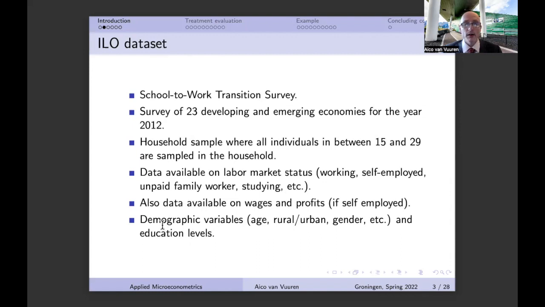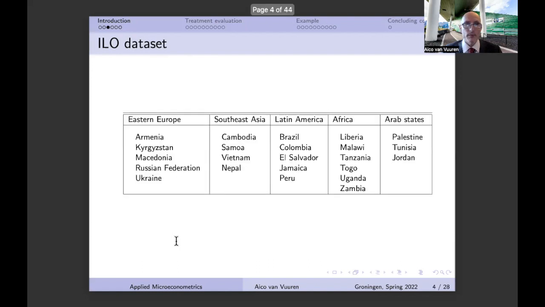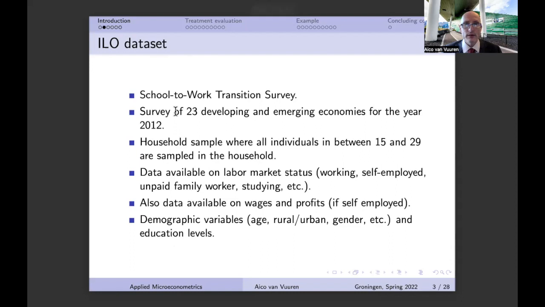We have demographic variables. First of all, we have the age of individuals. We also know whether individuals live in a rural or an urban area, and we have the gender. Actually we have a lot more detailed variables, as well as the education levels of the individuals. Then the countries that we have, as I already said, are 23 developing and emerging economies.